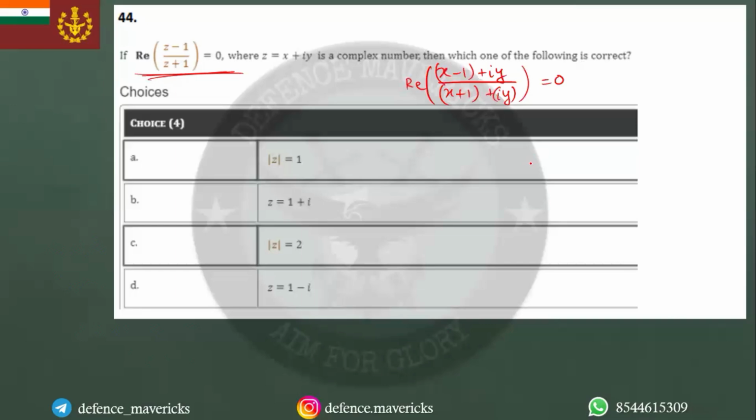So we always multiply the conjugate of the denominator to rationalize it. So (x minus 1 plus iy) whole into (x plus 1 minus iy), ठीक है, that divided by this. Okay, that has to be 0, the real part of it.